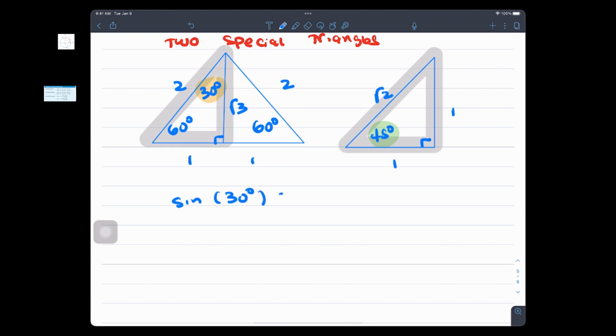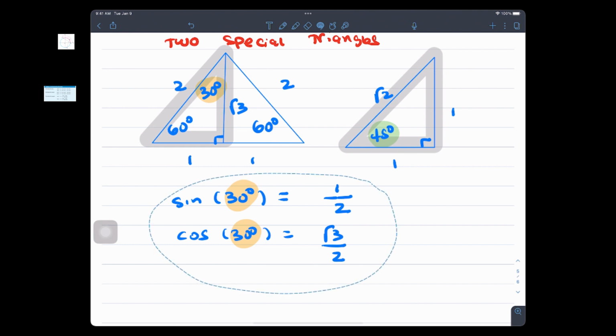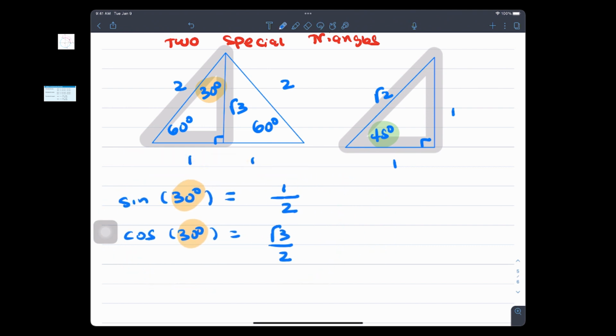What's the definition? Opposite over what? Hypotenuse. Is that true? What's cosine 30 degrees? Isn't that adjacent over hypotenuse? Is that true? This is what you guys really need to know. You really need to know the basics. If you're strong in the basics, you can do anything.